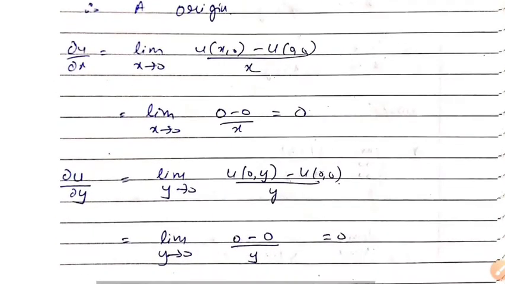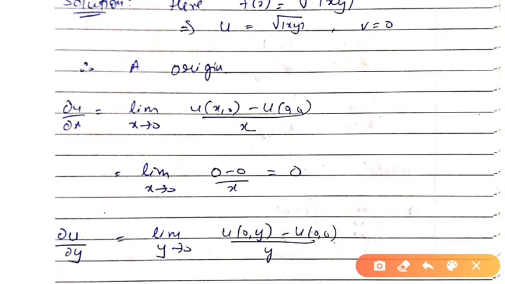So at origin, first thing you have to do is del u upon del x. So limit x tends to 0, our formula will be u of x,0 minus u of 0,0 upon x. You will put y equal to 0, this whole term will be equal to 0. So the numerator term is 0, therefore del u upon del x will be equal to 0.